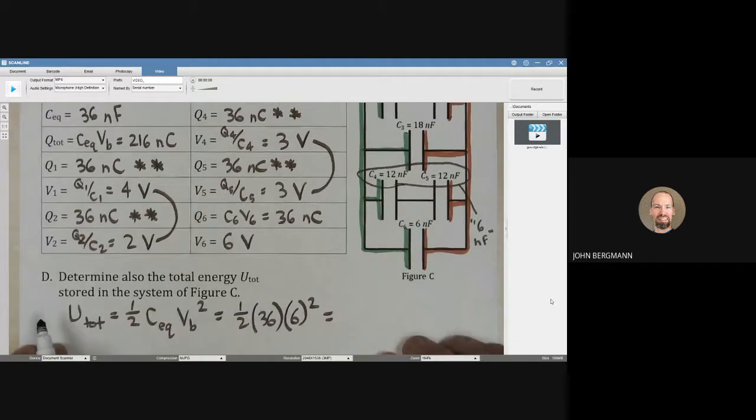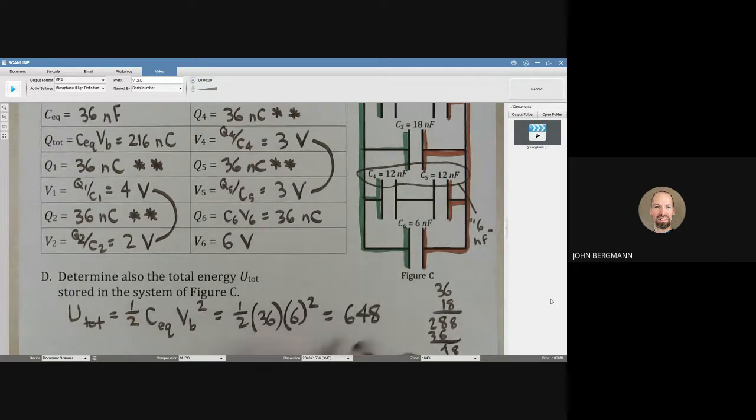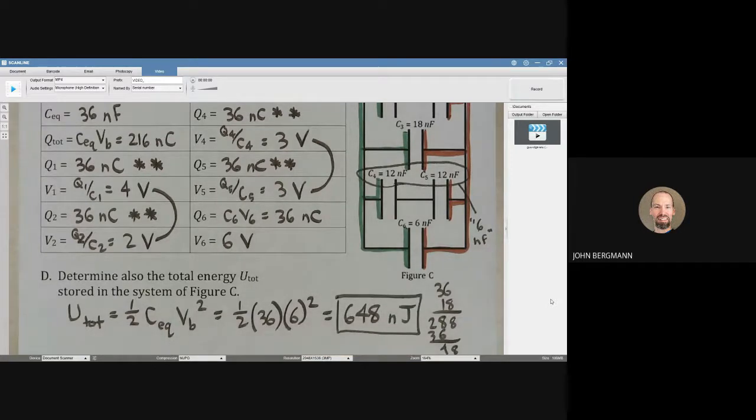Okay, and that's going to be 18 times 36. Ooh. Do I have a calculator? I don't. 36 times 18. Let's do it. 648. And the 36 had nano with it, so this is going to be nanojoules. 648 nanojoules. If you found the energy stored in each of those 6 capacitors and added them all up, boom, that's what you'd get, 648.